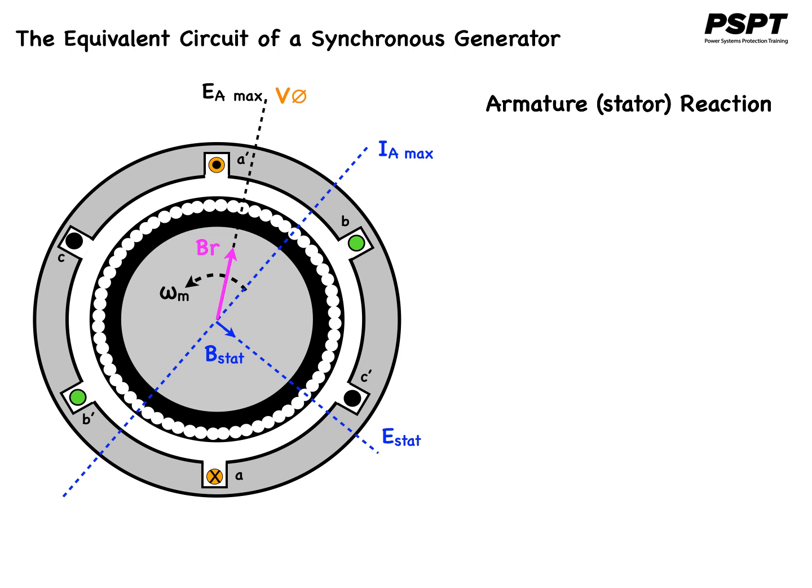With two voltages present in the stator windings, the total voltage in phase A is just the sum of the internal generated voltage EA and the armature reaction voltage E stat, or V phi is equal to EA plus E stat. The net magnetic field B net is just the sum of the rotor and the stator magnetic fields.